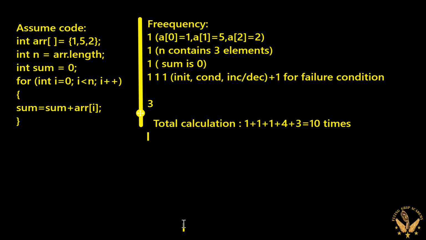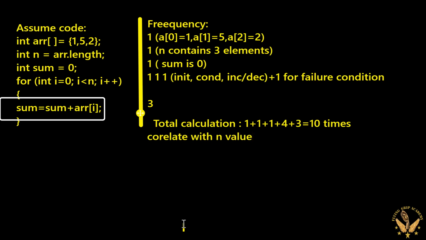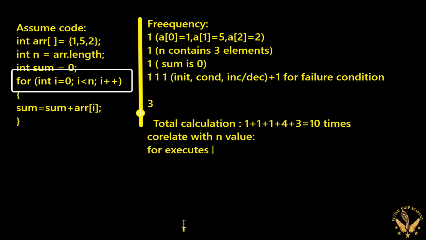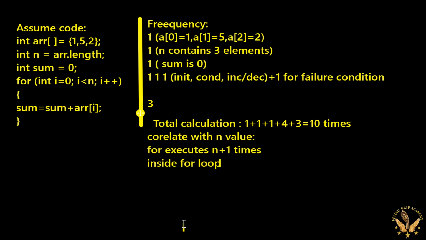So let us take the frequency in terms of n. In order to execute this particular code, the statement inside the loop executes n times, whereas the for loop executes n plus 1 times including the failure condition. So now replace the values with n for the loop and inside the for loop.